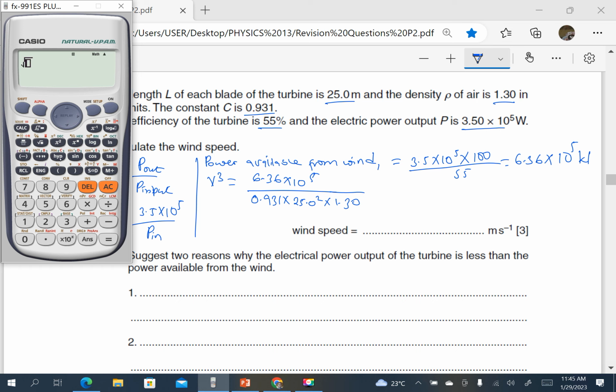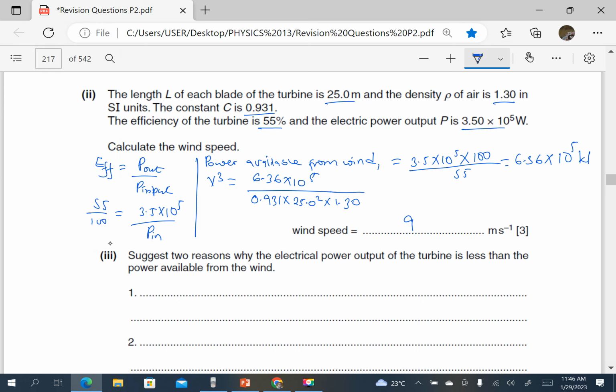Then we find the cube root of the answer, and it is 9.4. So the wind speed is going to be 9.4. Here V is equal to 9.4 meters per second after finding the cube root.